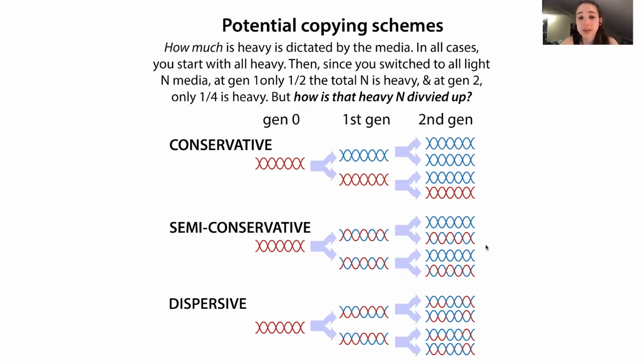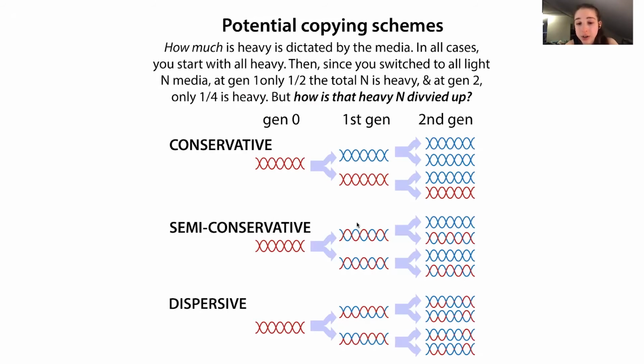So if you had some sort of conservative model, you're always going to see these two distinct bands, one for the heavy and one for the light, after you get your first generation. With semi-conservative, in the beginning you would have heavy, heavy.